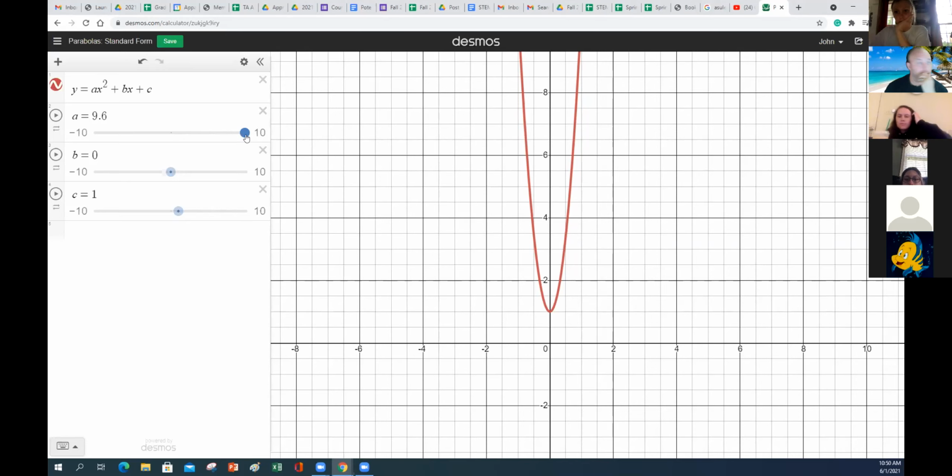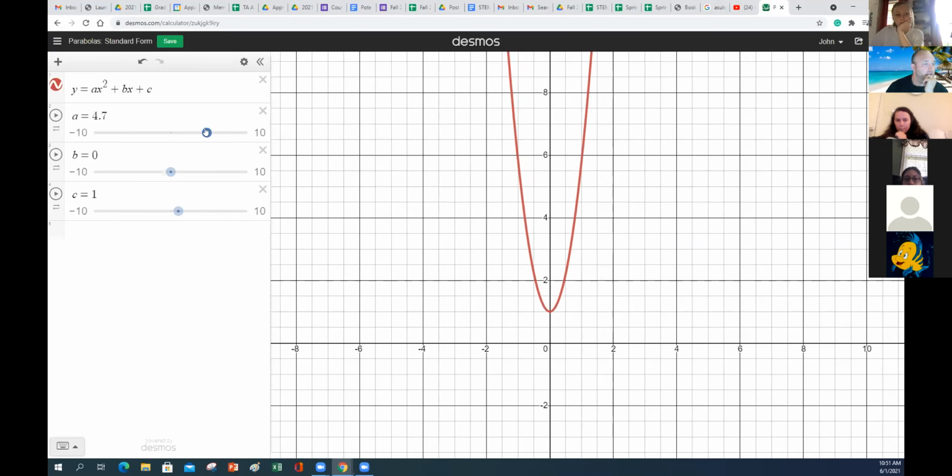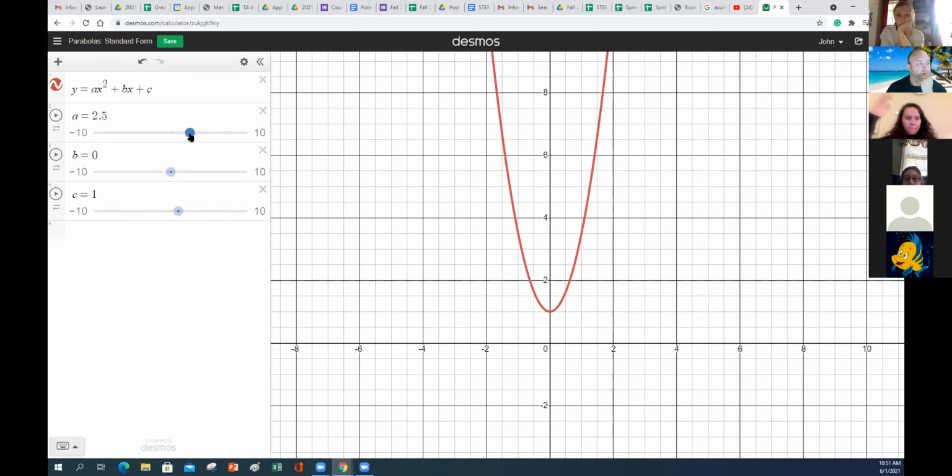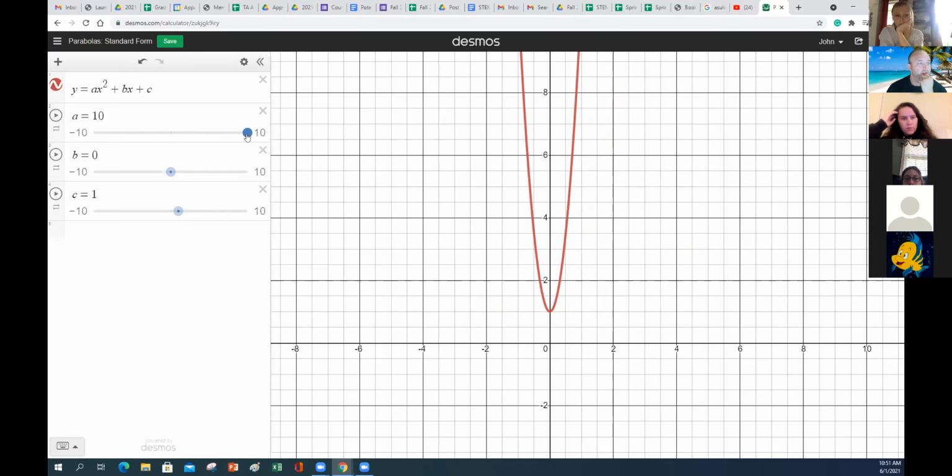Widen out, right? Let's see if that's the case. Okay, it's decreasing. Well, yeah, so look at this amount, 0.6. It's a fractional amount. So it's pretty wide. The higher it gets, the larger it gets, the skinnier it gets.